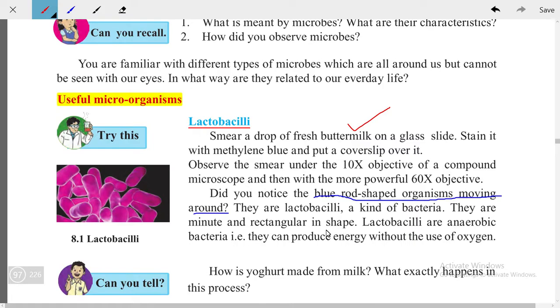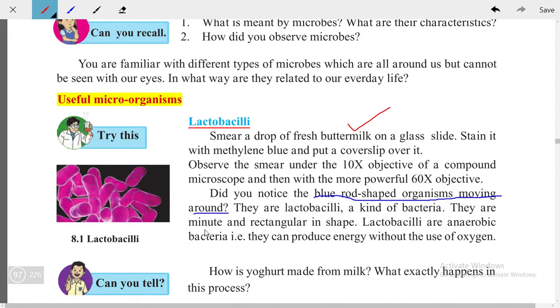आपण तर ताक खातो, त्याचा खाद्यपदार्थ म्हणून उपयोग करतो, मग त्याच्यात तर बॅक्टेरिया आहेत, मायक्रोऑर्गॅनिझम आहेत. But these microorganisms do not harm our body because they are useful to us. And lactobacilli are a kind of bacteria, जीवाणूचा प्रकार आहे.